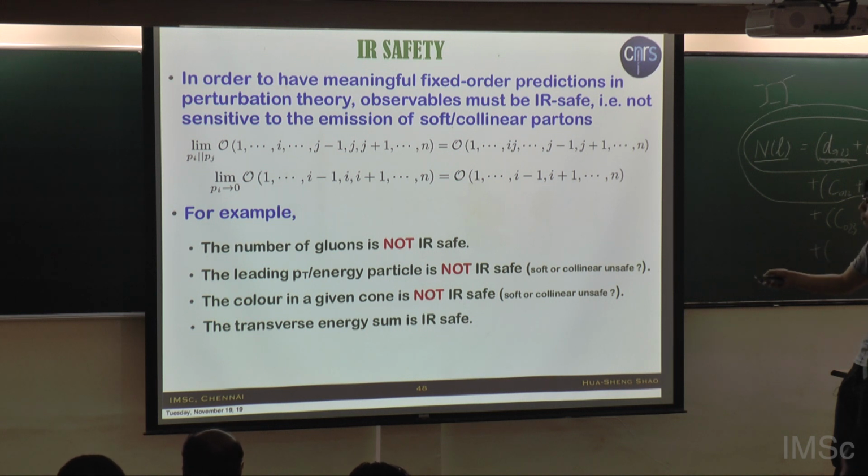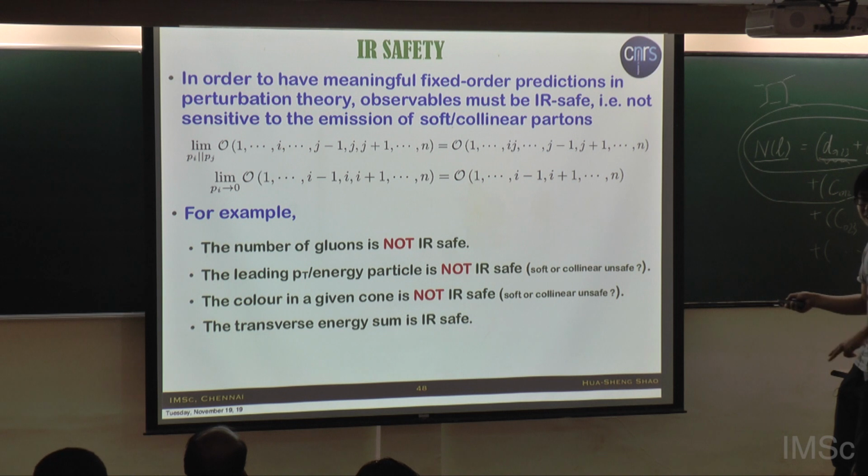So these are a few examples. The number of partons is not infrared safe, because if you simply emit another soft or collinear parton, you have increased the number of partons by 1, right? And the leading PT or energy particle is not infrared safe. Is it soft or collinear unsafe? In fact, it's collinear unsafe.